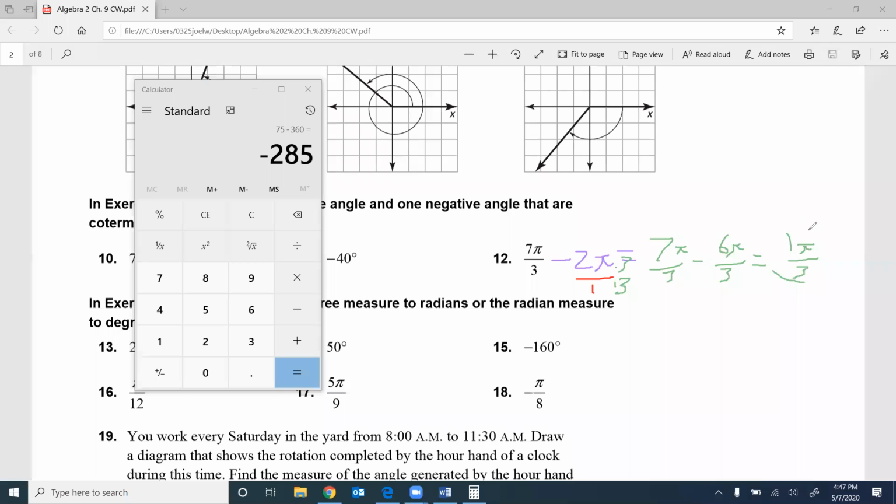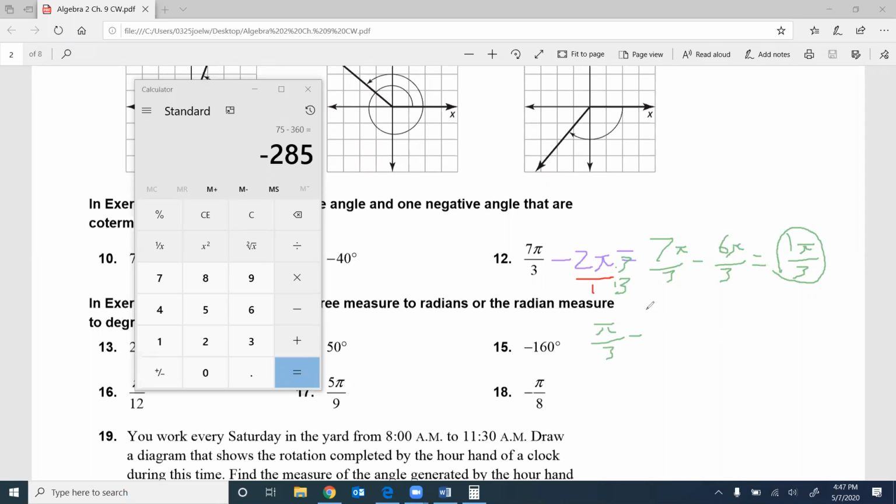Notice that is a positive number. So even though I subtracted 2 pi, which is really 360 degrees, I got a positive number. So I'm not going to add 2 pi to the original. I'm going to subtract 2 pi again from what I just got. So I'm going to say pi over 3 minus 2 pi.